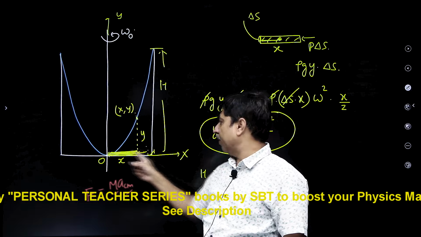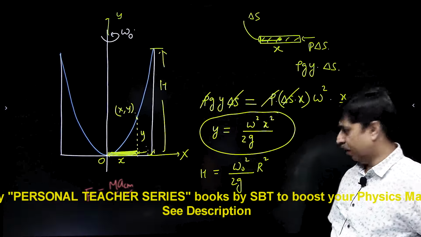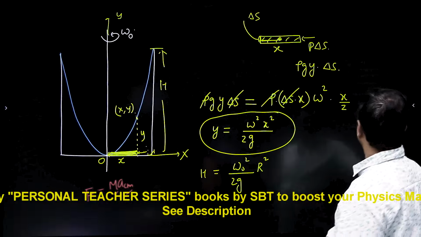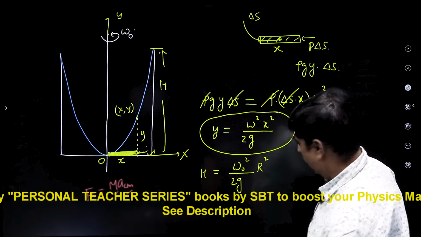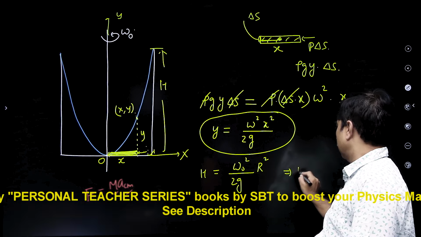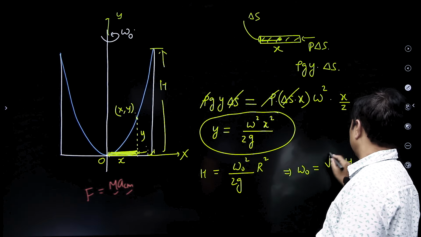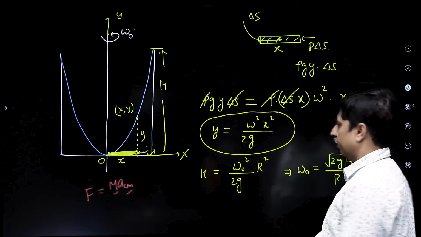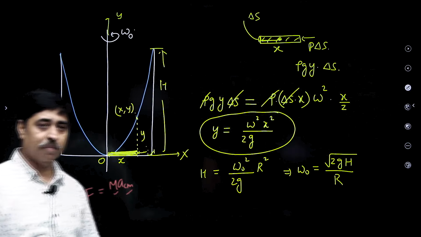So, when the value of x is r, the value of y is h. H is a given number, r is a given number. So, if you substitute this, you get the value of omega naught. Omega naught is that angular speed at which the central point of the bottom surface gets exposed.